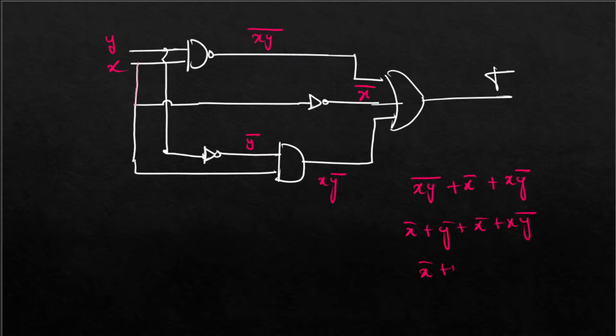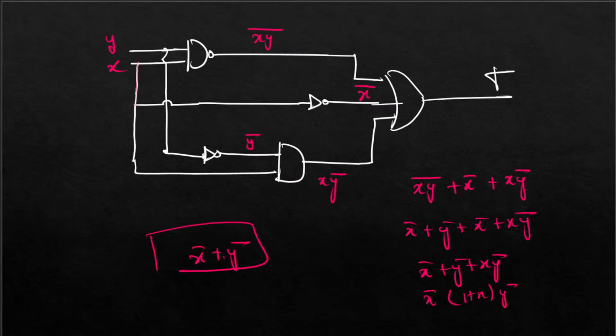XX will be written one time. After that, if we take y bar common, 1 plus x y bar, so this will be x bar y bar, which is also written as xy whole bar.